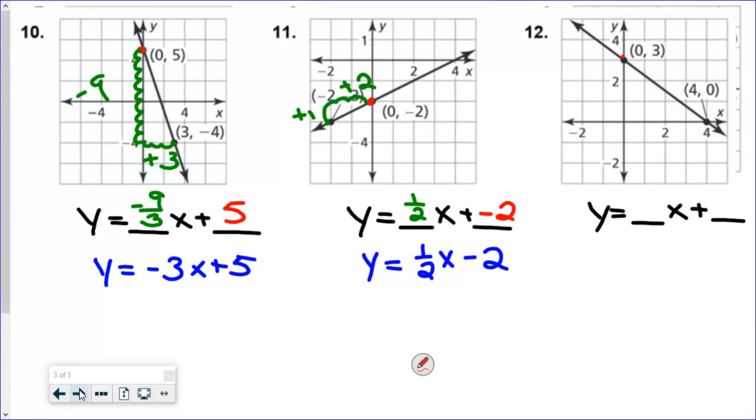And the last one of this section, my y-intercept is 3. And my other point is there, 1, 2, 3, down 3. It is a negative slope, 1, 2, 3, 4 over 4. So down 3 over 4. And that's basically how you'd see it because they're not reducing it at all.